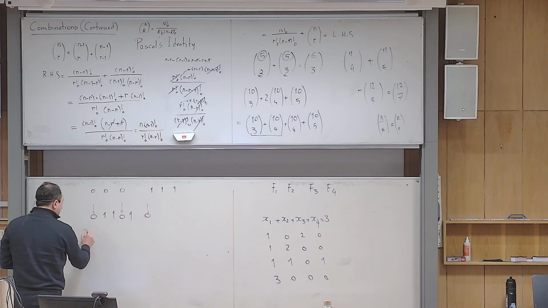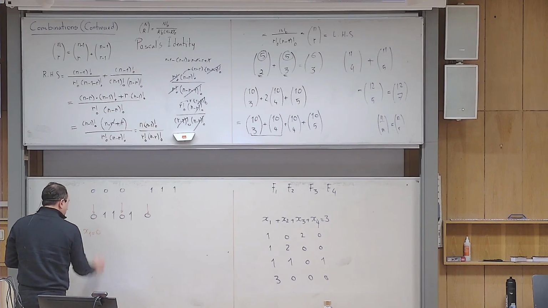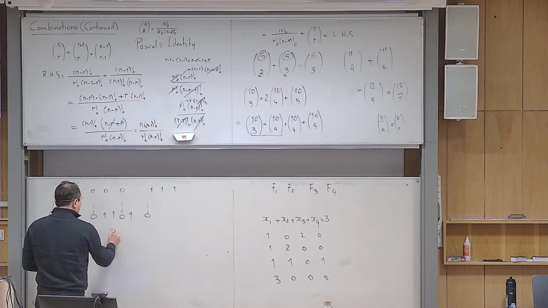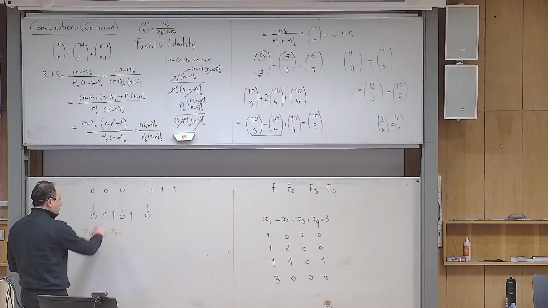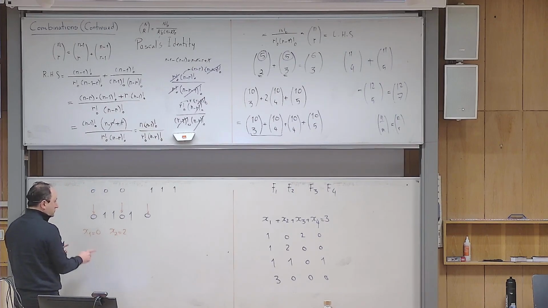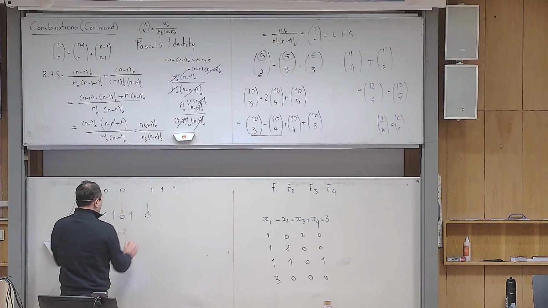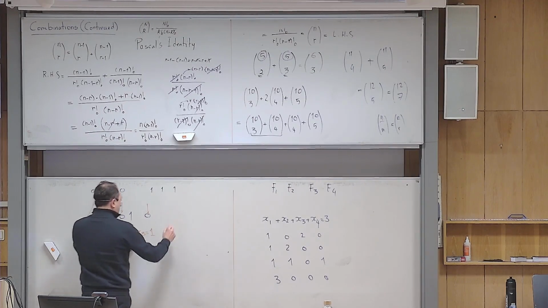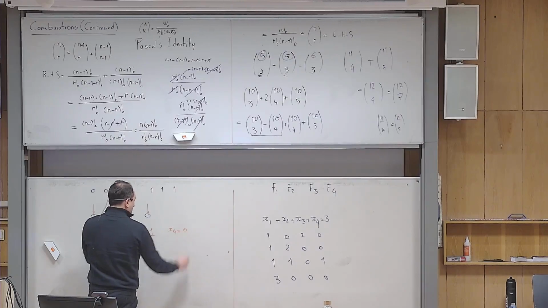So I interpret this as x1 is 0. Between these two zeros, how many ones do you see? 2. I will read it that x2 is 2. And between these two zeros, only 1 appears, and then after that is 0.